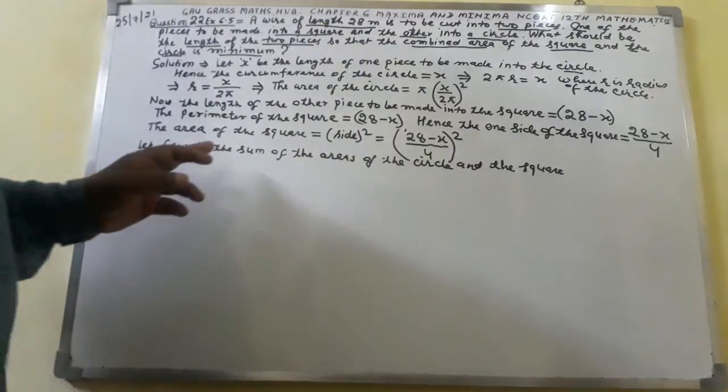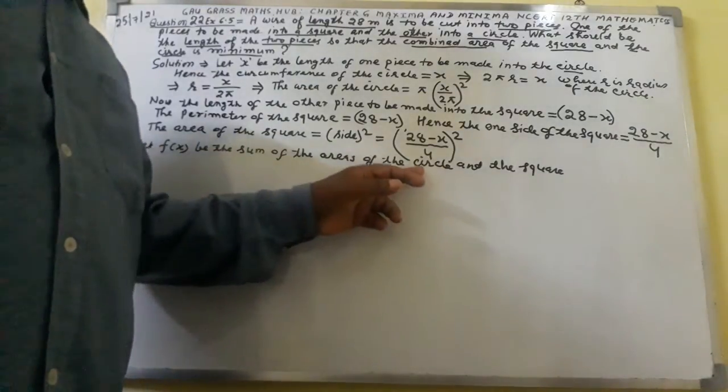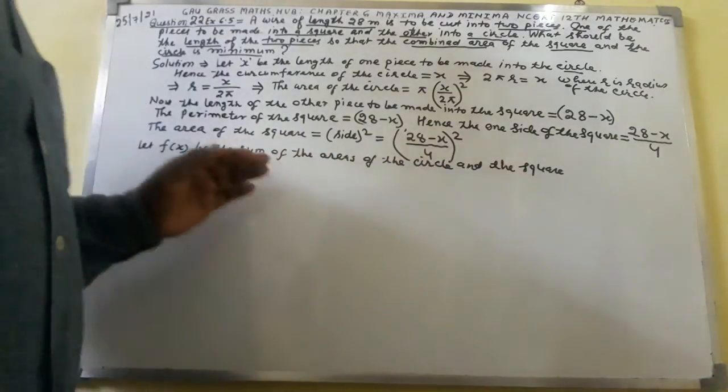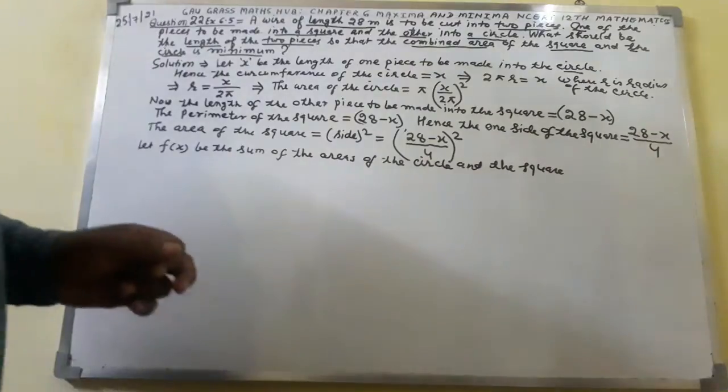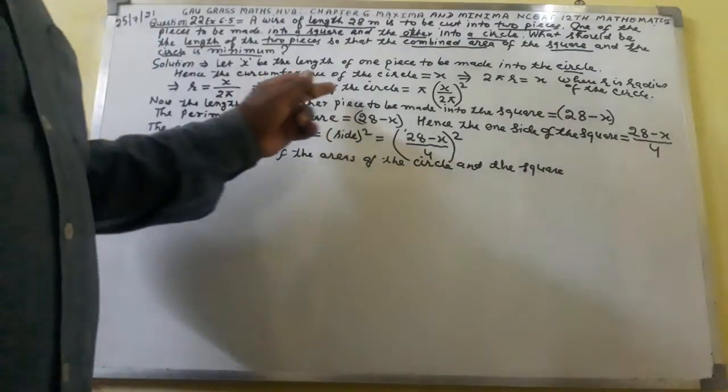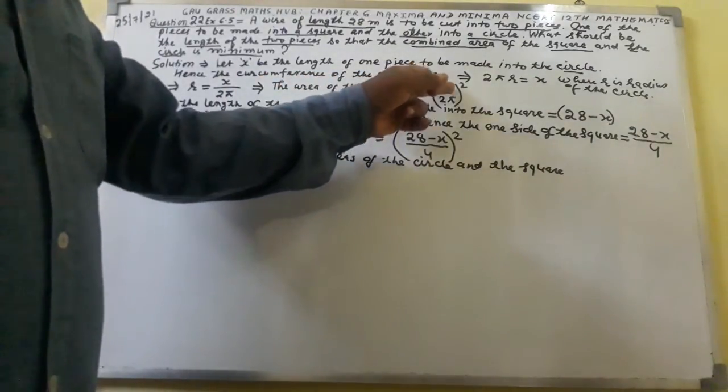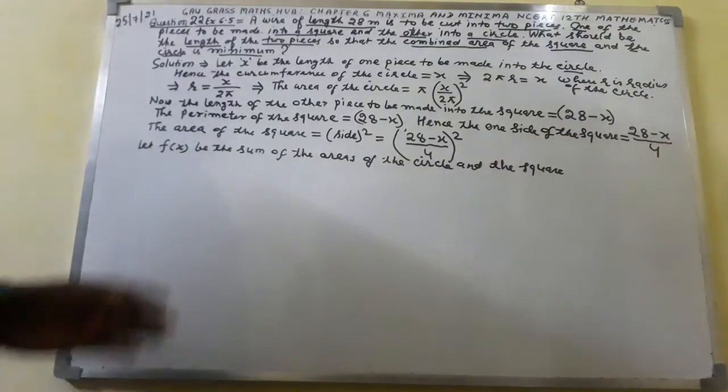F of x will be the sum of the area of the circle and the area of the square. Area of the square is this value and area of the circle is this value. Both values will be added together, and will be equal to f of x.